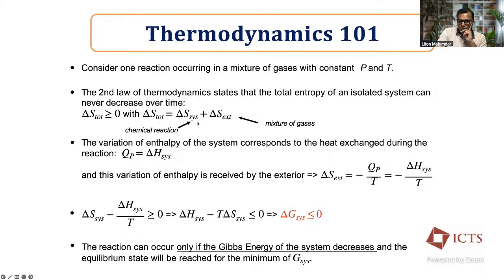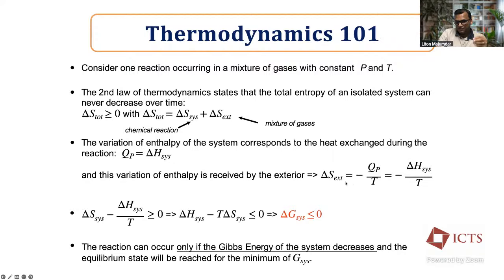When you know your total entropy, the variation of the enthalpy of the system is linked to the heat exchange during the reaction. What it essentially means is that the heat at constant pressure will be equal to the change in enthalpy of the system, so Q_P is equal to delta H system.